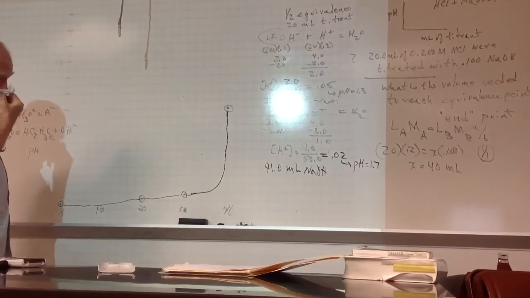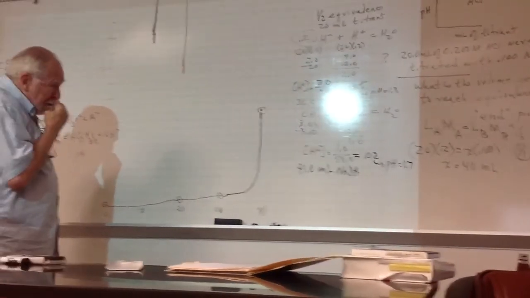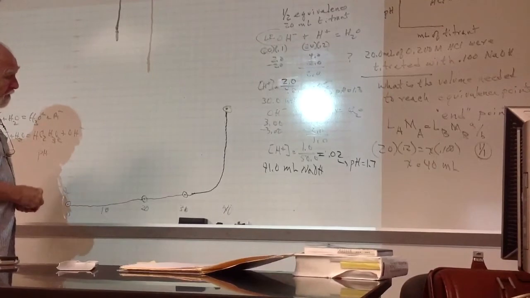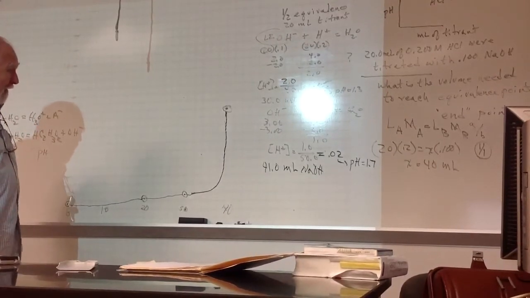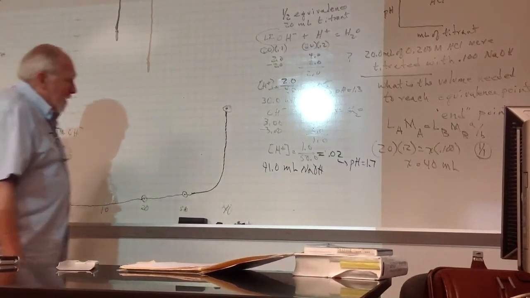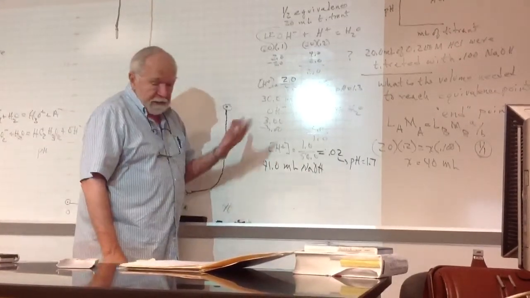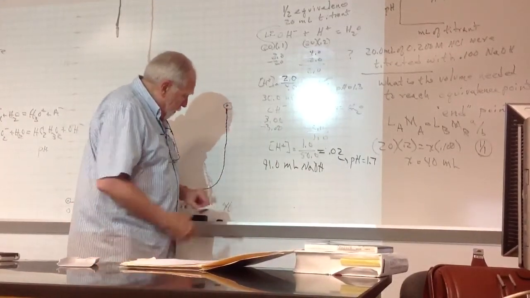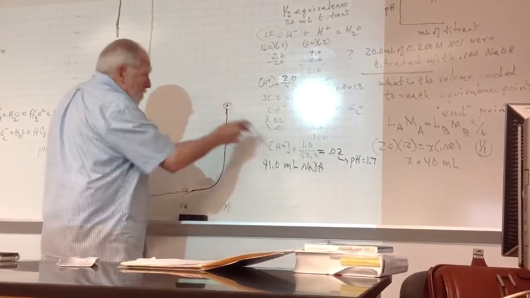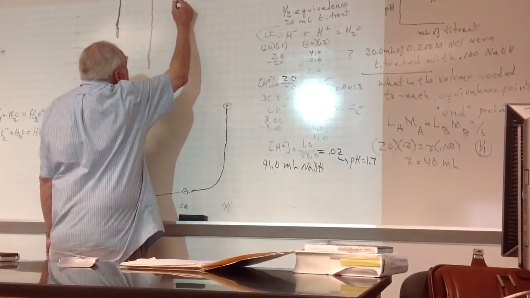There are two ways of thinking about this. Somebody just said, I have 1 extra milliliter of NaOH. I could do it that way, because if I know the volume of NaOH, that's not a strong base, that's what's going to determine the pH. Or I could do the thing I've been doing all along.